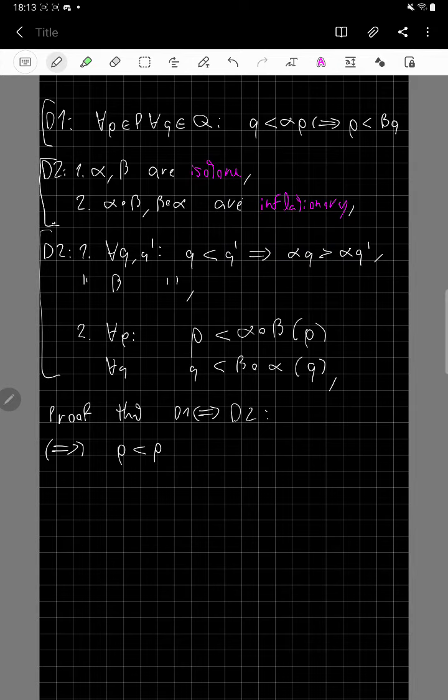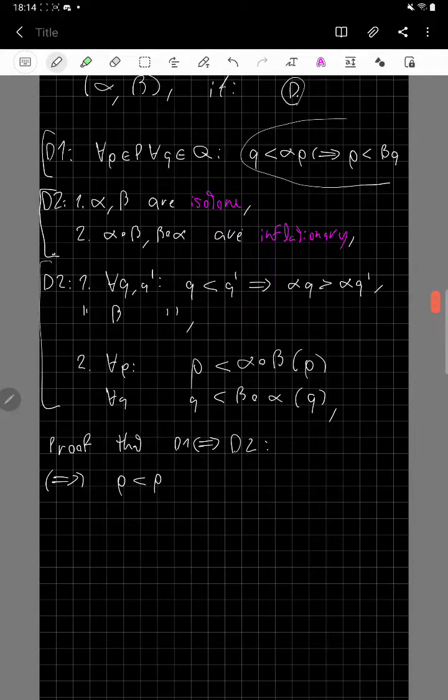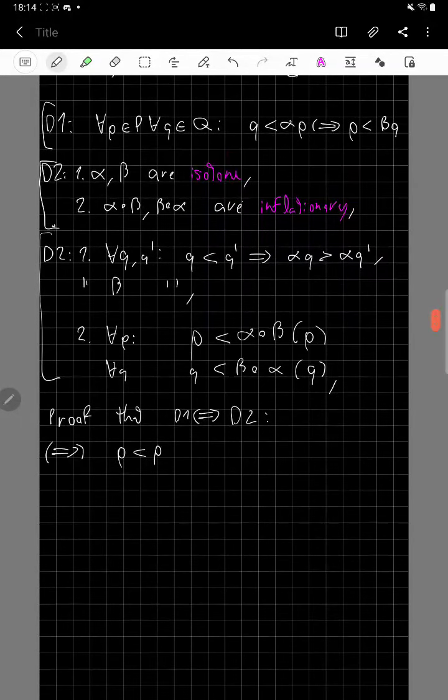This is going to tell us, by an application of this, well, this is true, but we have to remember that we want to apply this definition, so we need alpha or beta to be present. Therefore we always know that beta p is smaller than beta p.